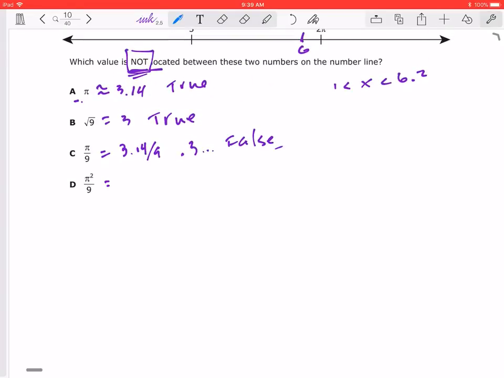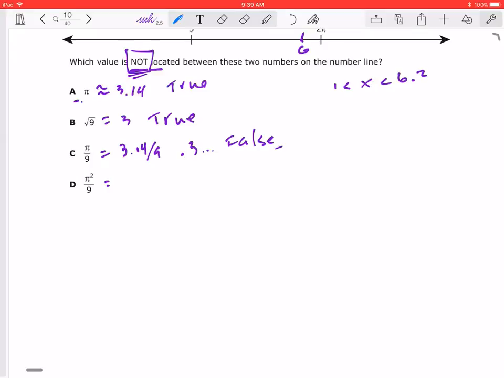The very last one is going to be pi squared. All you're doing is taking that value for pi and squaring it. We can do 3.14 squared. We can put in our calculator, pi squared, just because it's easy and I'm lazy. That gives us about 9.86.